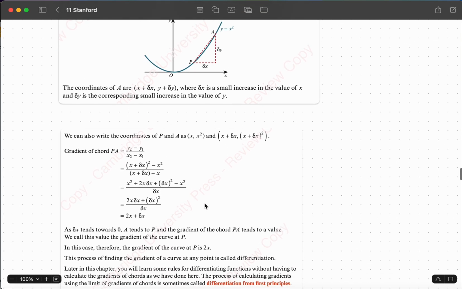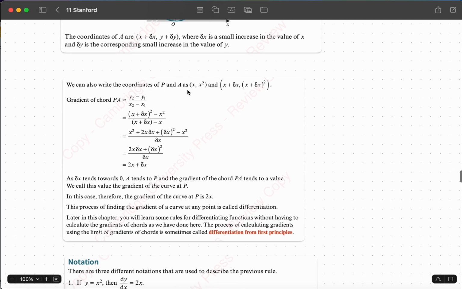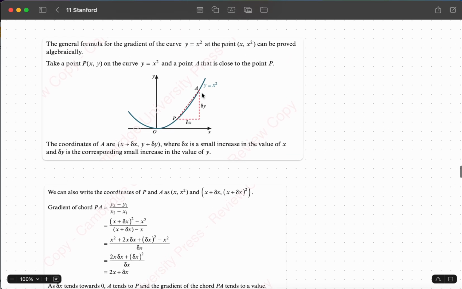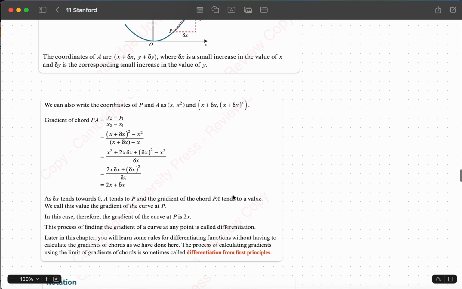We can also write the coordinates of P and A: because y equals x squared, we substitute y by x squared. So P is (x, x squared), while A is (x plus delta x, (x plus delta x) squared).